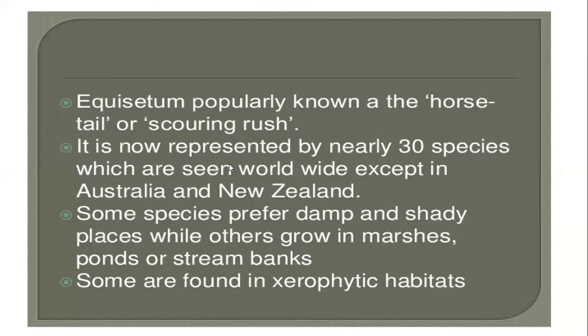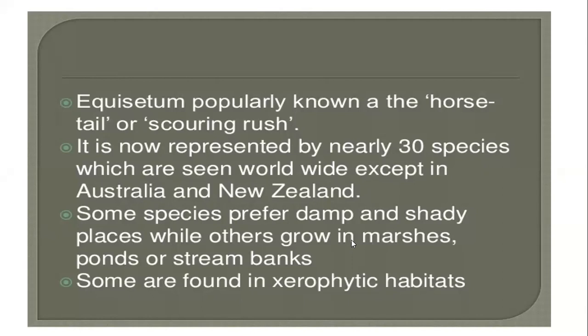Now, it is represented by around 30 species worldwide, except in Australia and New Zealand. So in these two countries, we couldn't see the growth of Equisetum. In all the remaining regions of the world, we can see the presence of Equisetum species.